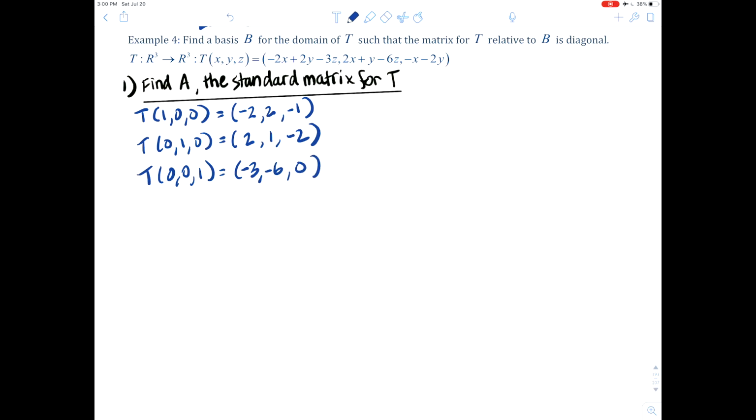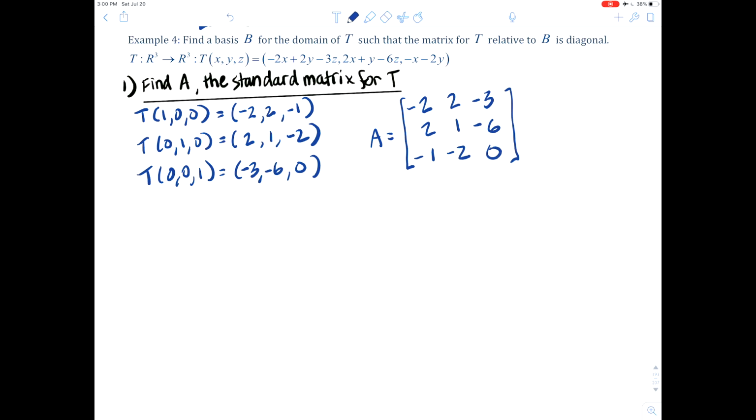Groovy? All right, well, what does that mean? That means that A is made up of the vectors we found written as column vectors, right? So going down, we have negative 2, 2, negative 1. And then 2, 1, negative 2, and negative 3, negative 6, and 0.